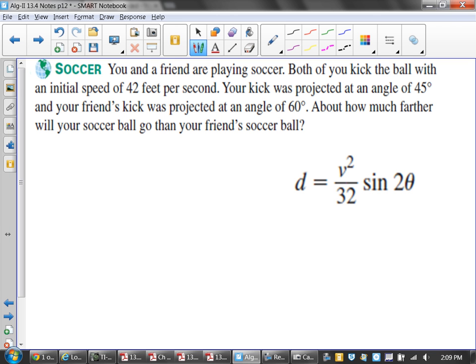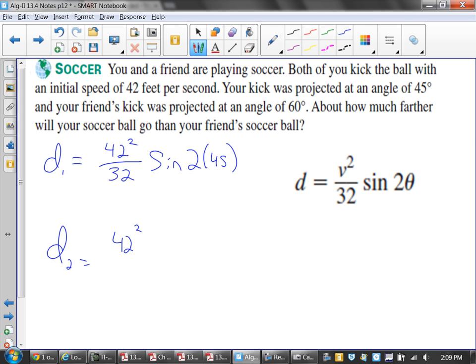So here's what happens. We're trying to find the distance for mine. Take 42 squared over 32, sine of 2 times 45, and then Kayla's 42 squared over 32, sine of 2 times 60.